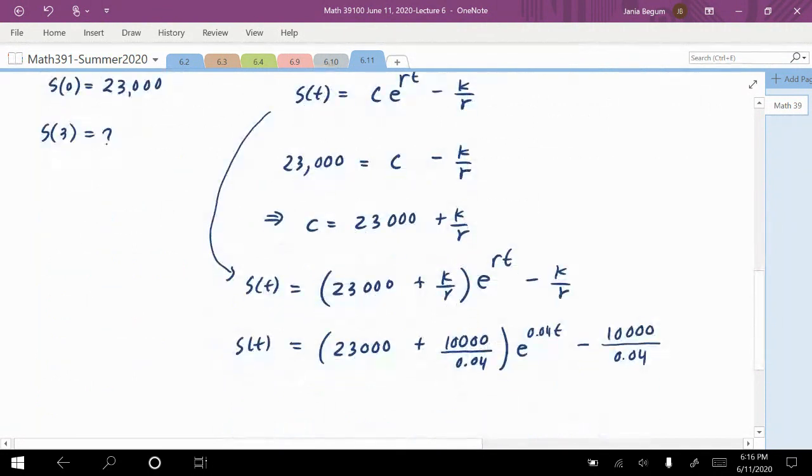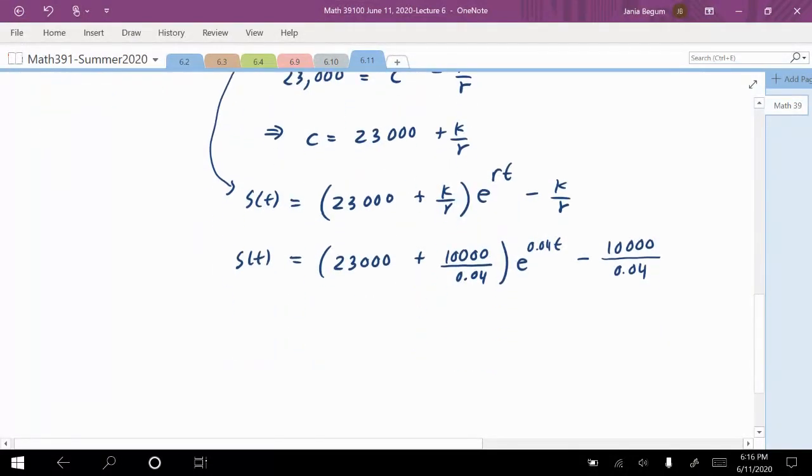So what do you think we have to do to answer the question? We just substitute 3 into wherever t is. Yeah, so that will be the answer to this. So we want to know what is S of 3.